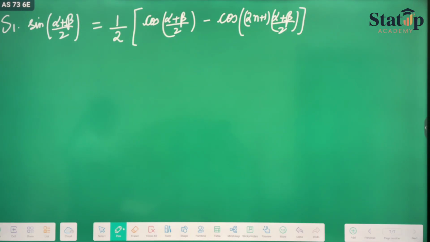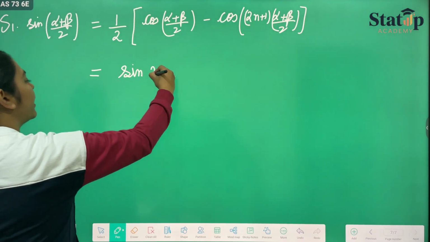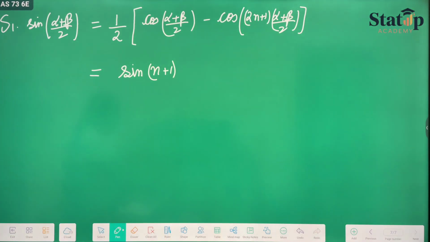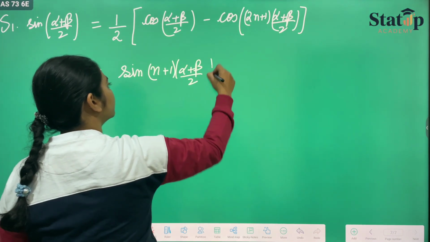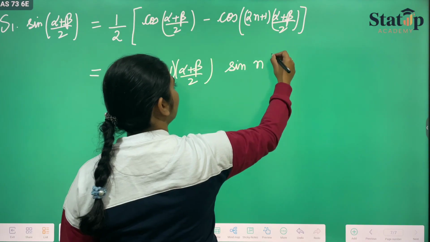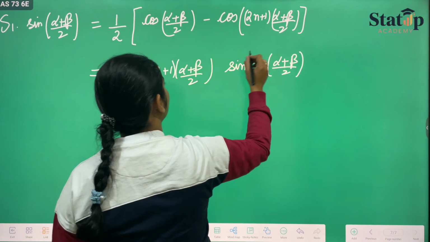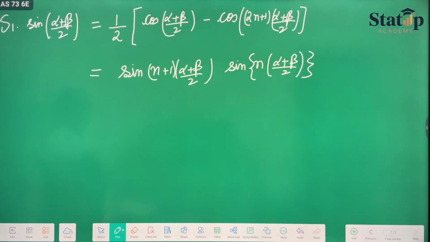Cos A minus cos B would be sine (n plus 1)(alpha plus beta)/2 into sine n (alpha plus beta)/2. So these are the two values that we have got.